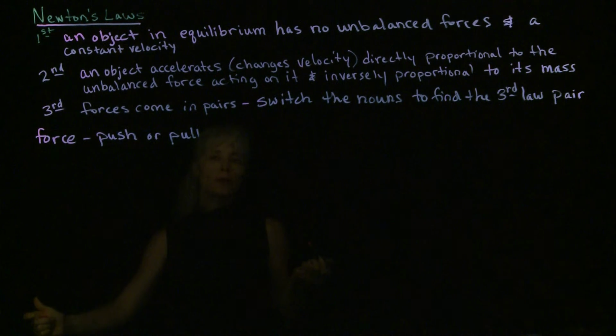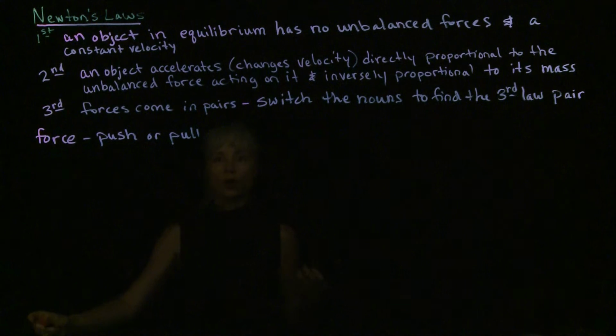So in order to figure out whether we are in Newton's first law conditions, in other words, there are no unbalanced forces, then we need to add all of the forces that are acting on an object together. And if we come up with 0 as the answer for the sum of all forces acting, then we are indeed in Newton's first law, where the object maintains a constant velocity.